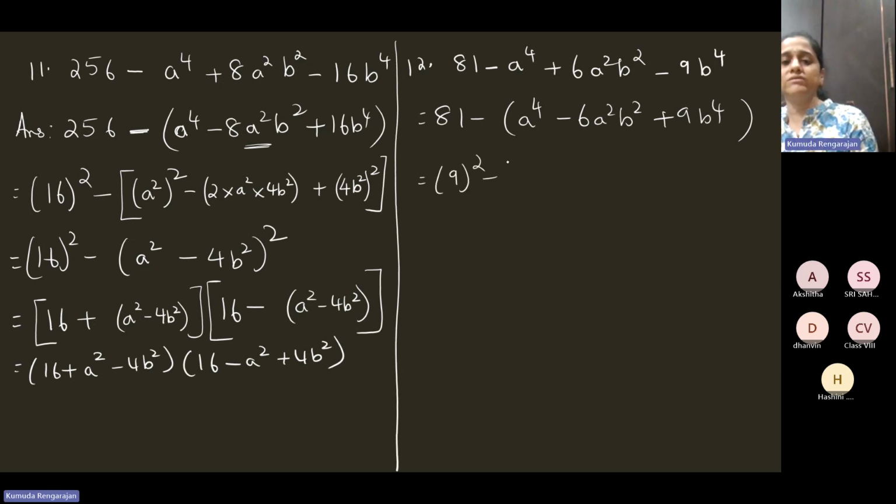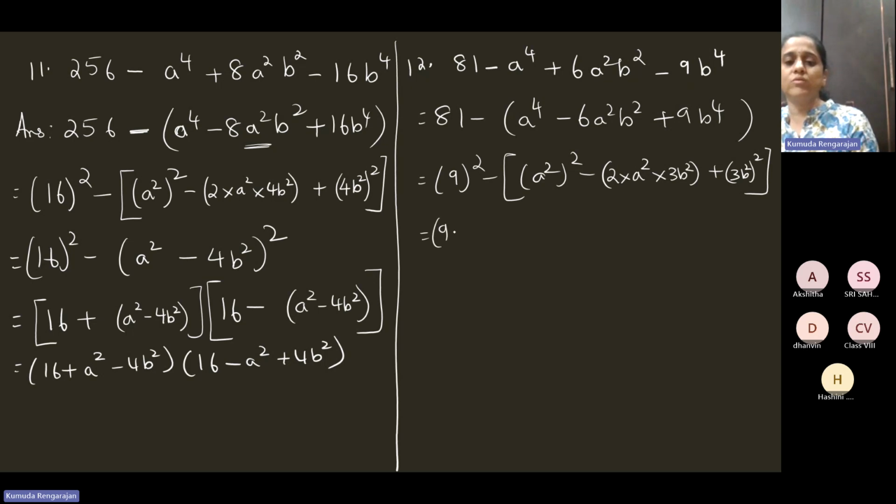9 the whole square minus a square, here 3b square. Very good. Here 2 into 2 into a square into 3b square. Correct.